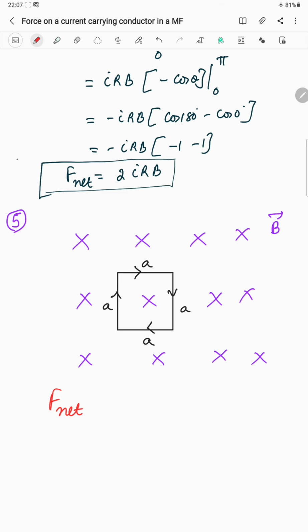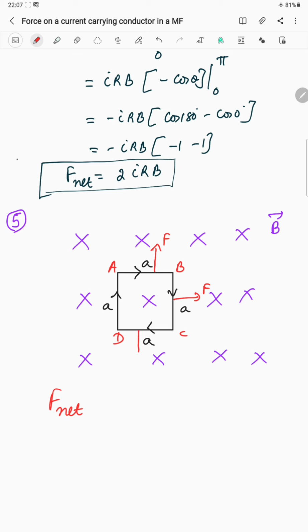Now let me name it A, B, C, D. Now consider the AB portion. If you take the right hand thumb rule, you'll see the force is along this direction. Then for BC, the force will be along this direction. You can easily get it by using the right hand thumb rule.